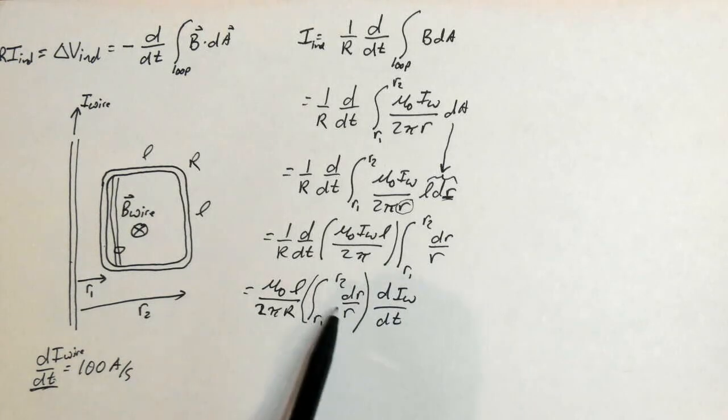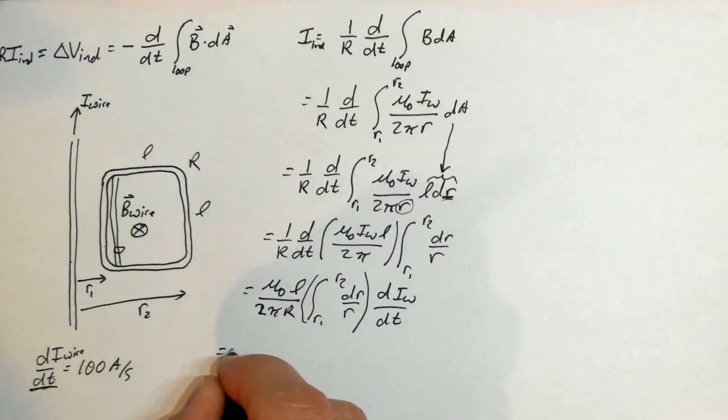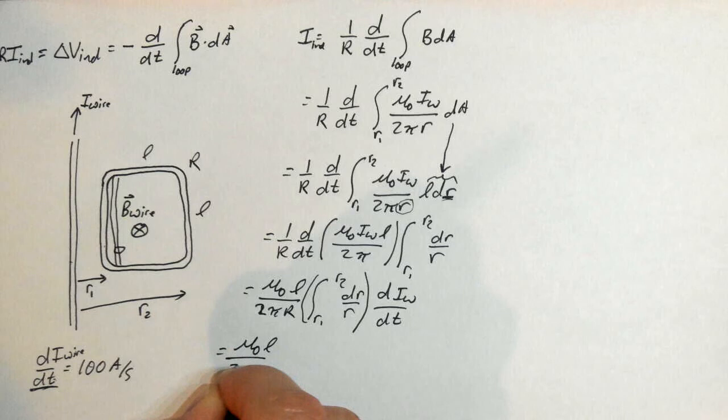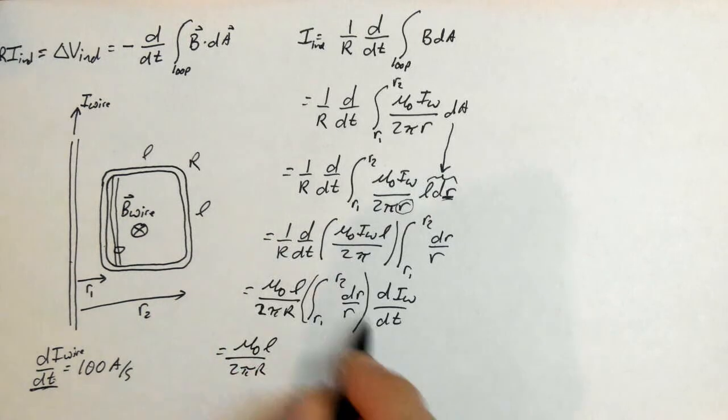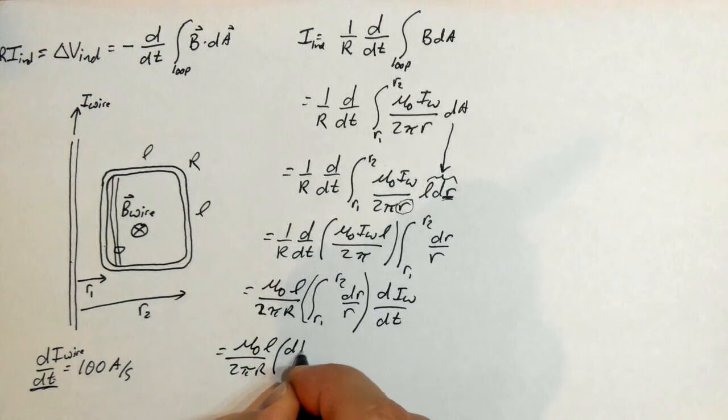So the last thing is just to do the calculus and evaluate this integral. And so we have mu naught L over 2 pi r. Since that's just a number, I'm going to put it right here.